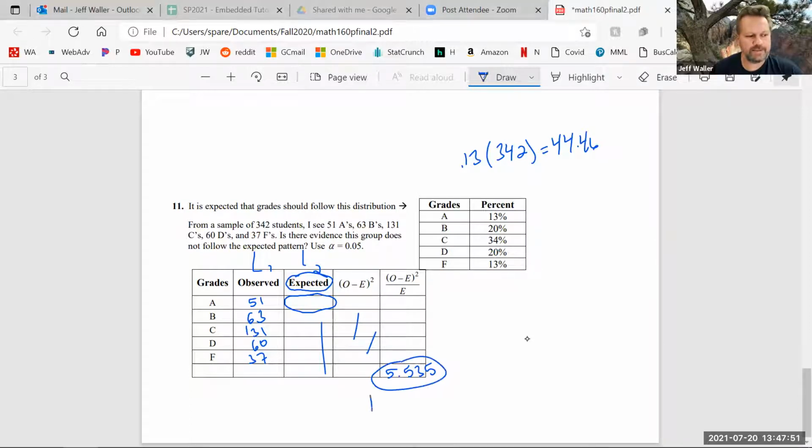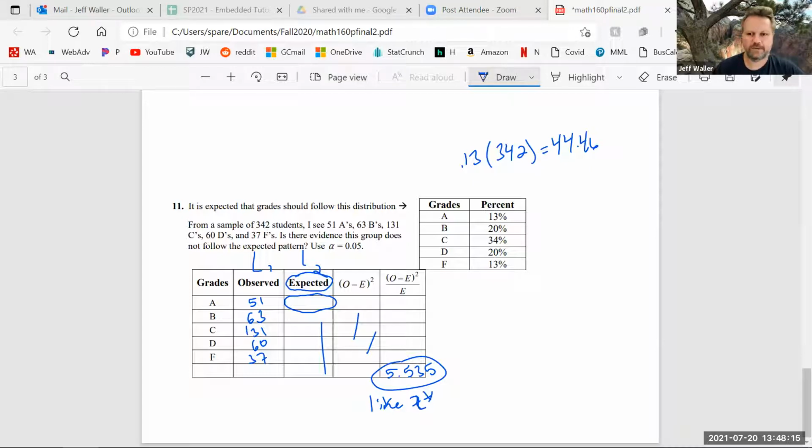This is like Z star, right? Somebody the other day said it was like chi-square star. It's the one we calculated. So now I'm going to go back and figure out where is the benchmark? Where's the rejection region? It's literally the very first thing.